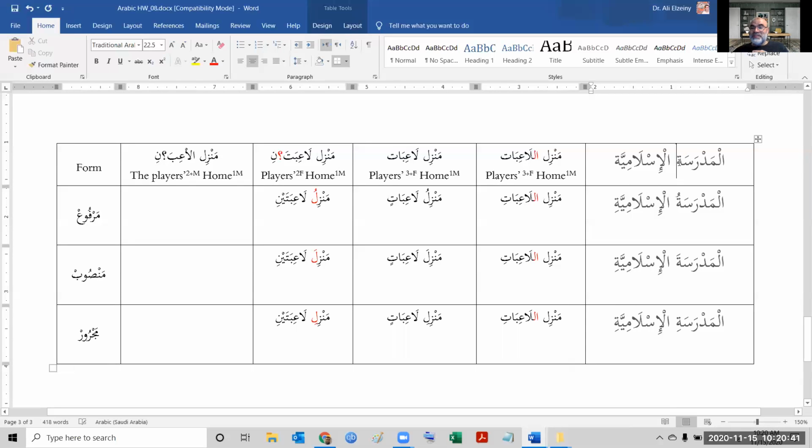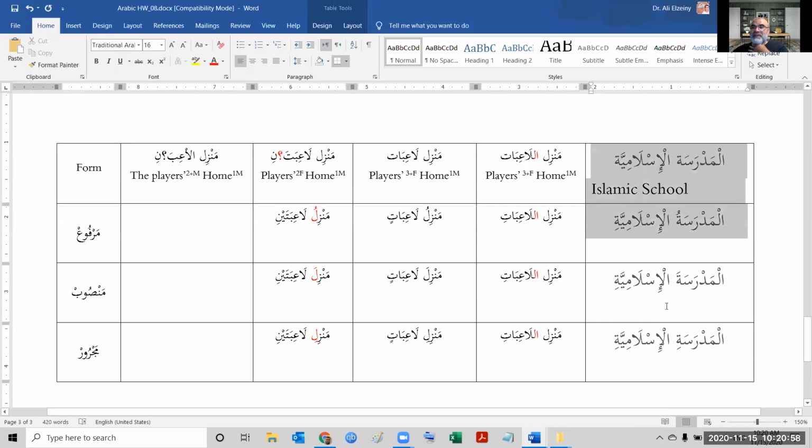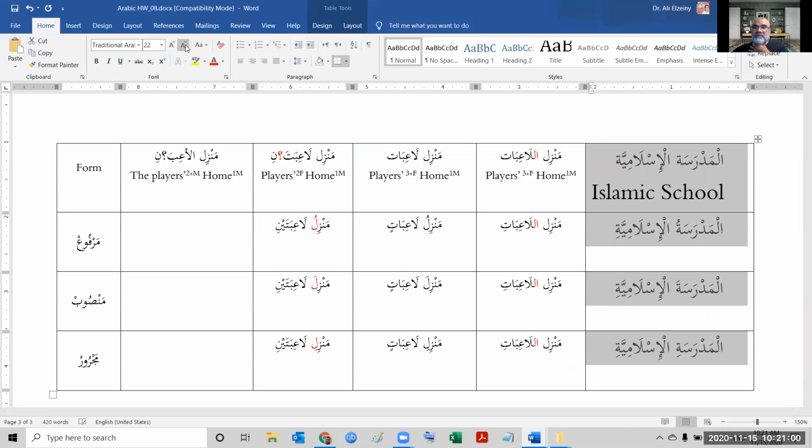Okay? So when you see a problem like this, we can also write down here, to make it a complete example, Islamic. Okay. And downsize this whole thing.